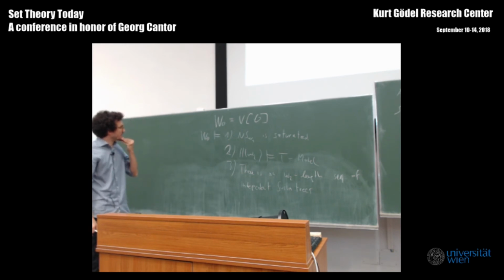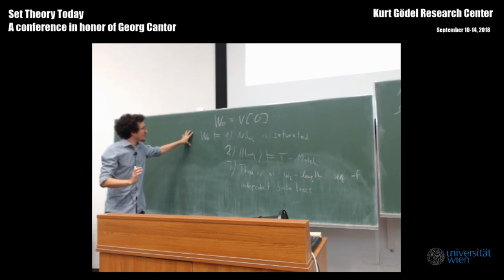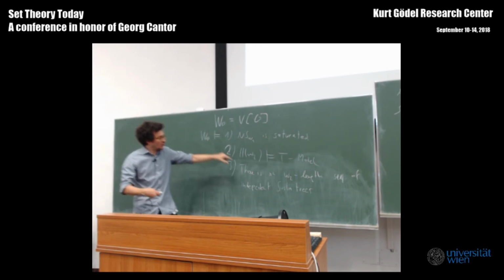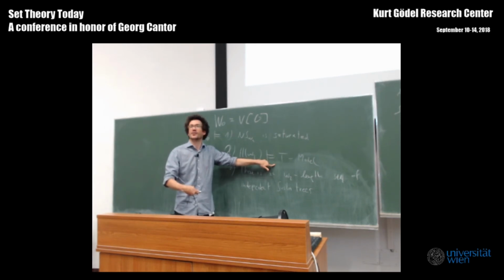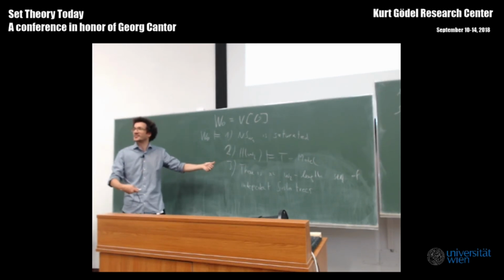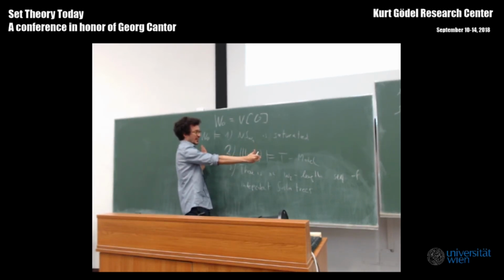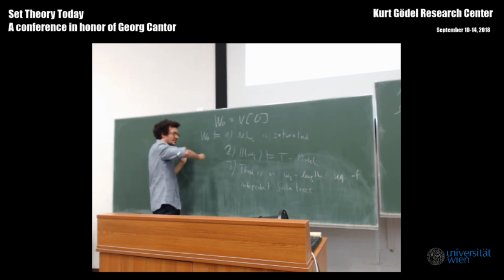Exactly. So we do have this fat model. And now over W0, we start all over again a new iteration, an iteration which only kills the Suslin trees. We kill the Suslin trees according to the stationarity of the stationary sets. So we have this definable sequence of Suslin trees, we have our stationary sets, and we start writing into the definable sequence of Suslin trees the characteristic functions of stationary subsets of omega 1.